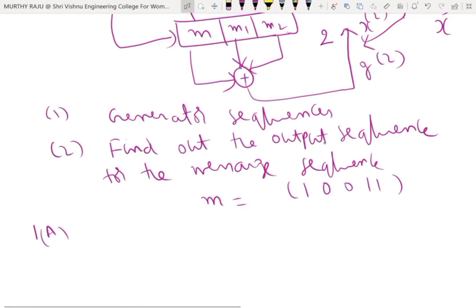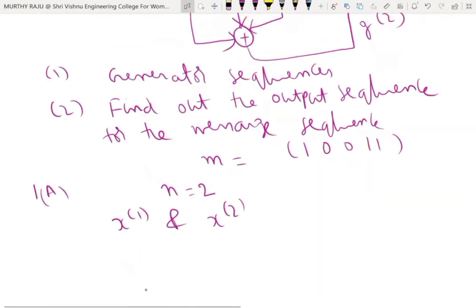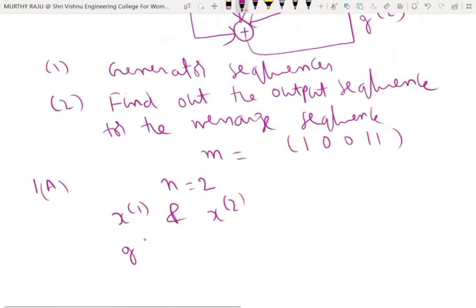Find out the generator sequence. Here N is equal to 2. Two outputs are there, X of 1 and X of 2. The generator sequences for the two outputs are G of 1 and G of 2.